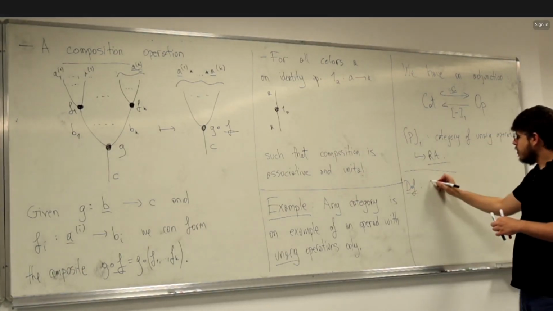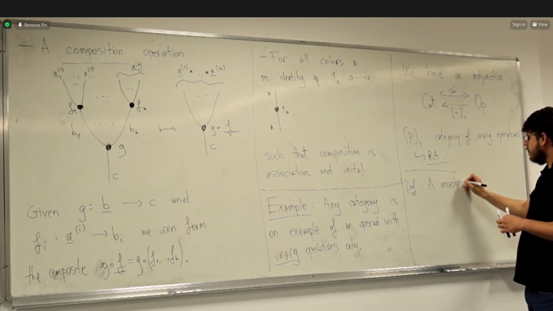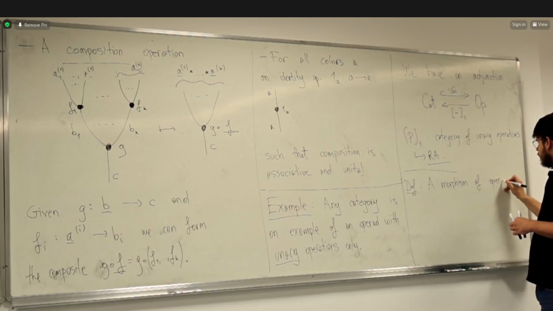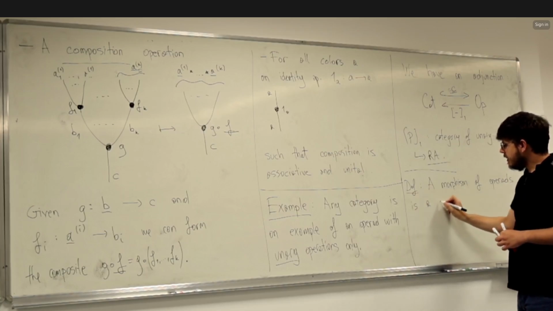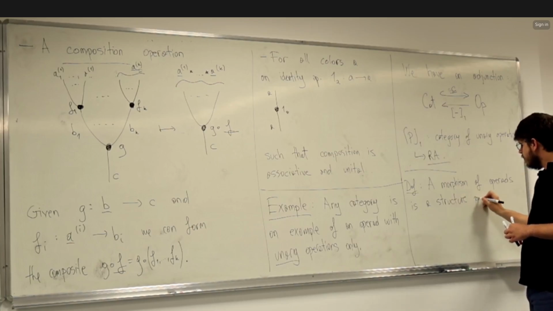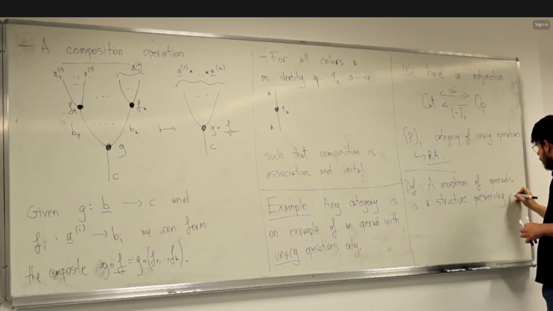Definition. A morphism of operads, I'll just say, is a structure-preserving map.